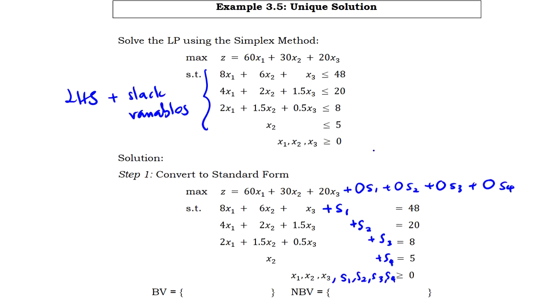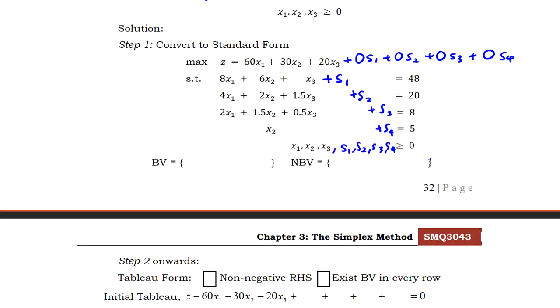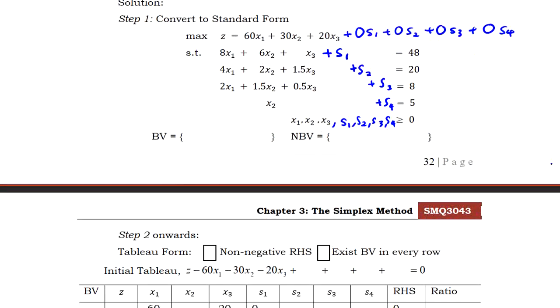Okay, next we need to check whether this standard form is already a Tableau form. For the first constraint, first one is we need to make sure the right hand side is greater or equals to 0, right?